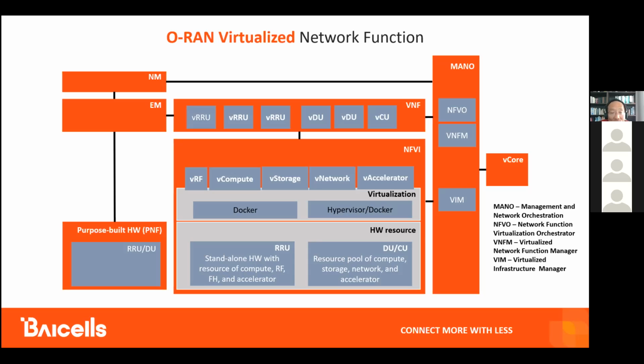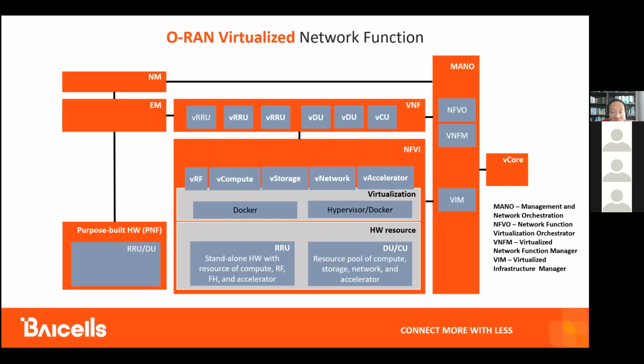When you buy a RAN solution, you have to buy the software together with the hardware. That is not a very flexible solution for Open RAN, because the objective of Open RAN is to decouple them so that you can introduce more vendors, hardware or software, into this Open RAN ecosystem.